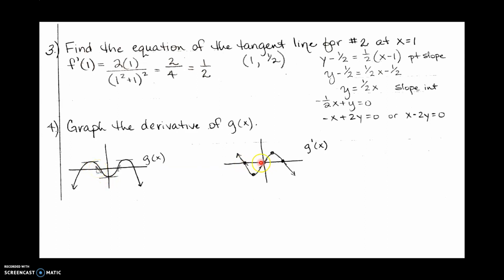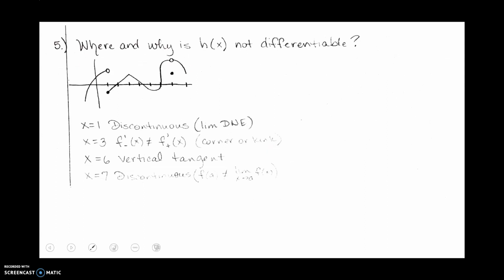So halfway between those two x-intercepts, I would be down here at -1. And then similarly over here, halfway in between my two x-intercepts, I could plot a strategic point. So maybe about right here looks like a slope of about a +1. And so I could come over here halfway between the two x-intercepts and plot a +1. So that would be the graph of my derivative given the original.